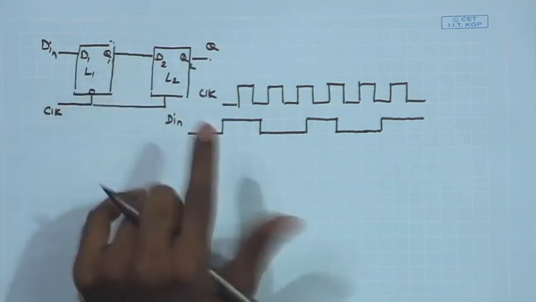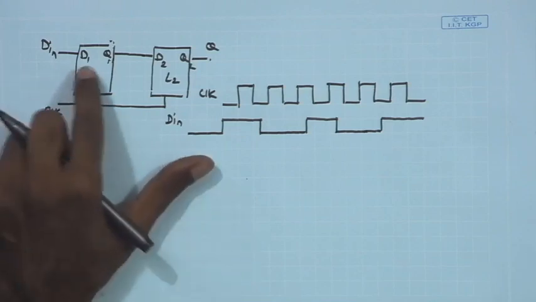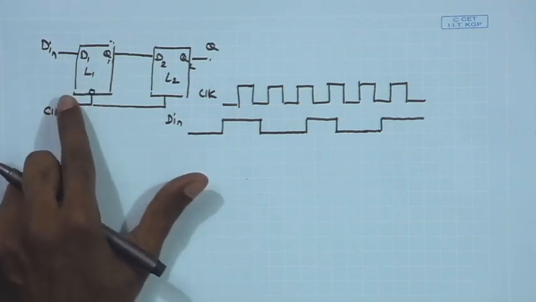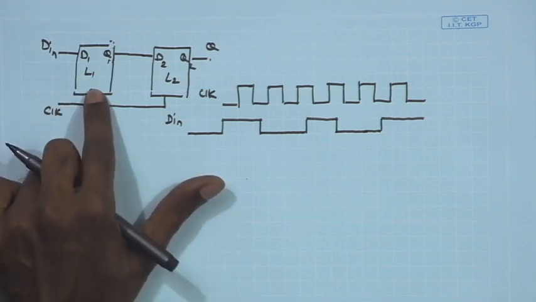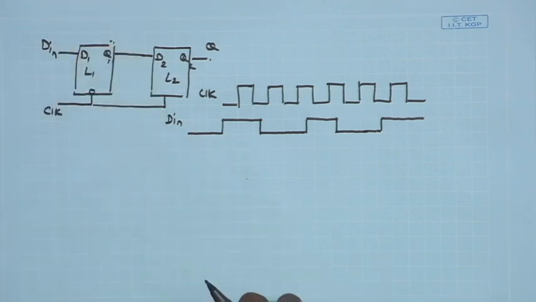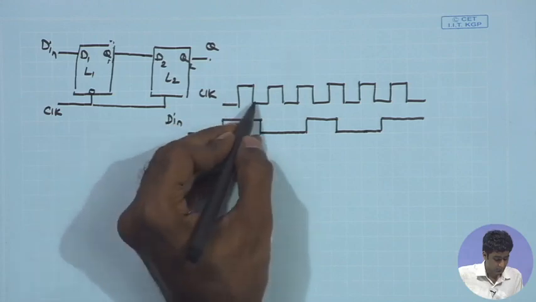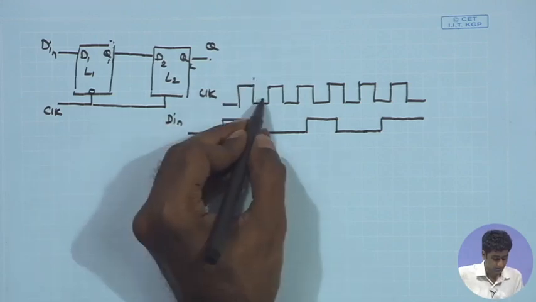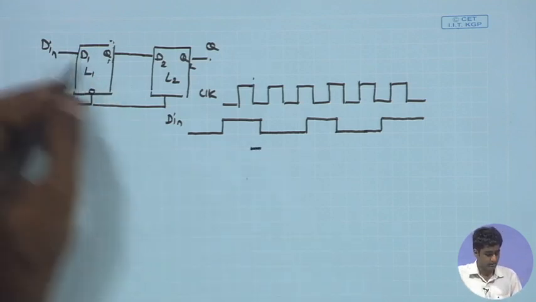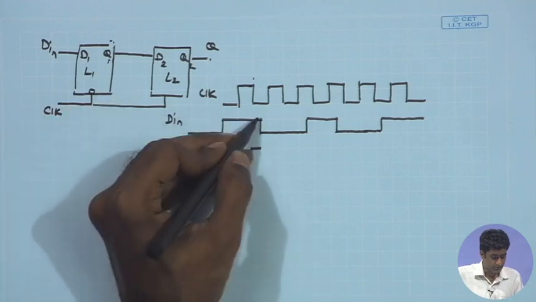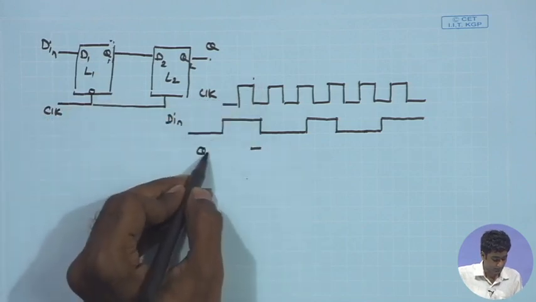So, how does the Q1 change? Q1 is negative level sensitive or an active low latch. So, when the clock level is 0, then the Q1 will be copying D in. If I start from this phase, the clock is low here, therefore, during this duration the Q1 will be copying the data D in which is high. So, I am writing the waveform of Q1.